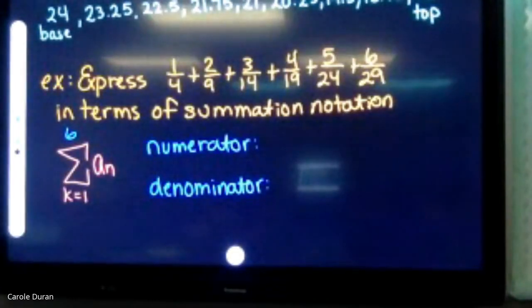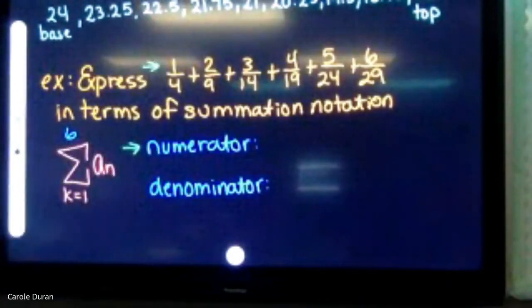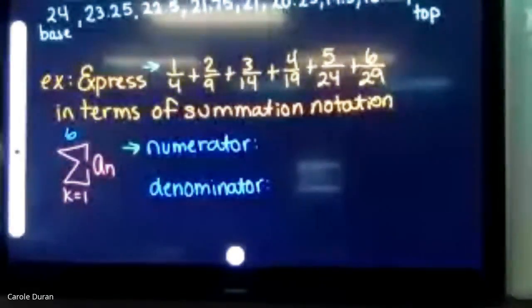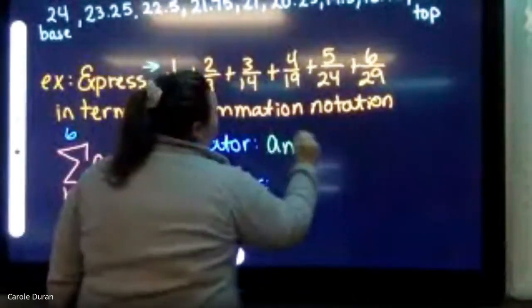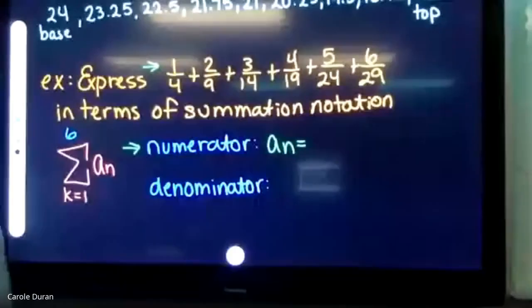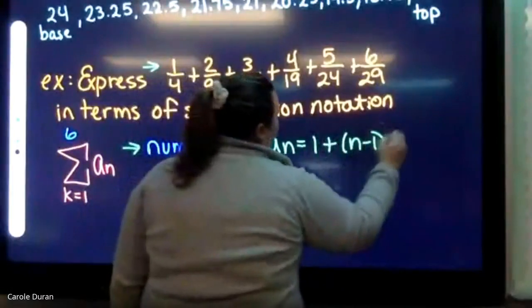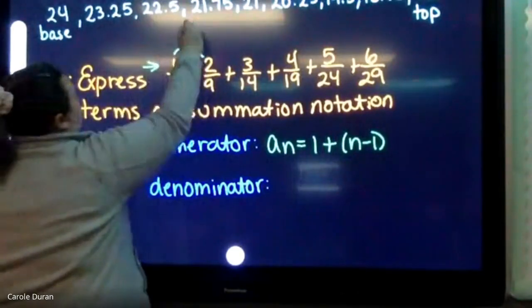Yeah, that's it. So we're going to start with the numerator, which means all of the tops of my fraction. If I'm looking at those independently, it's just 1, 2, 3, 4, 5, and 6, right? Which means A of n here is equal to, what's my first term in that numerator sequence? 1 plus n minus 1 times, what's my common difference in that numerator? 1, because from term 1 to term 2, I added 1.